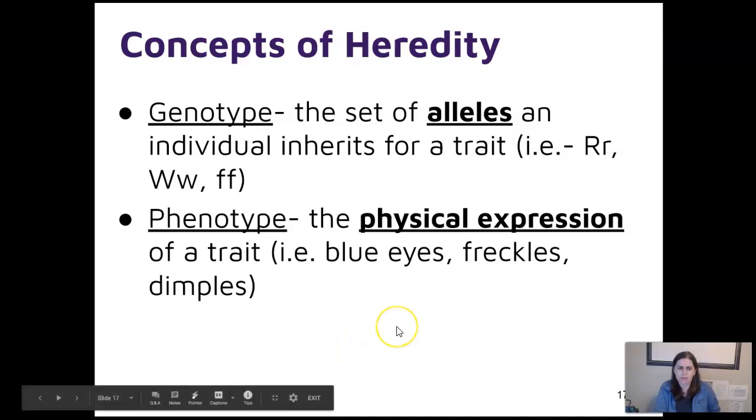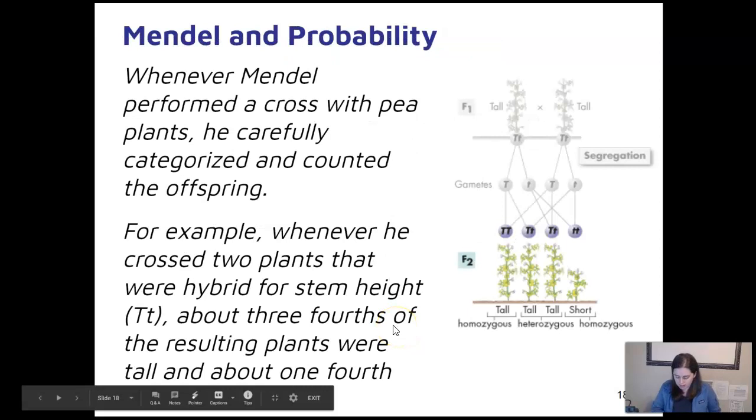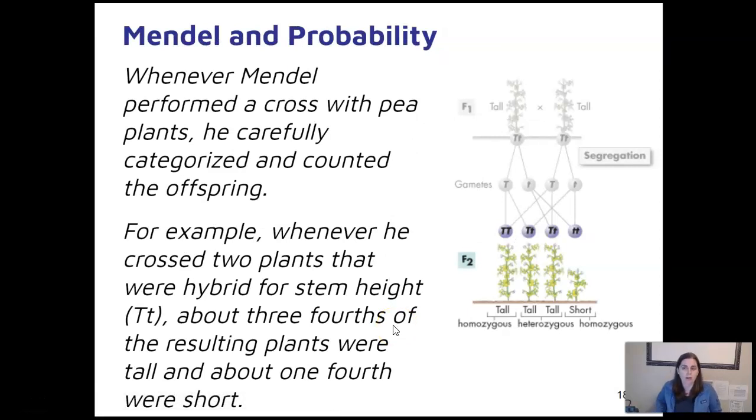Hopefully that makes sense. All right, Mendel and probability. I'm not copying this down, we're just going to read through this real quick. Whenever Mendel performed a cross with pea plants, he carefully categorized and counted the offspring. For example, whenever he crossed 2 plants that were hybrid for stem height, big T, little t, or heterozygous, about 3/4 of the resulting plants were tall and about 1/4 were short.